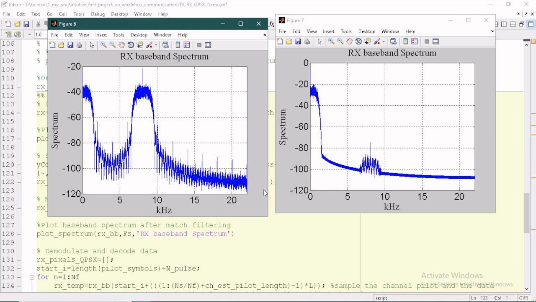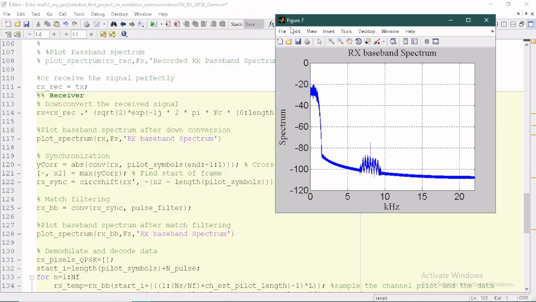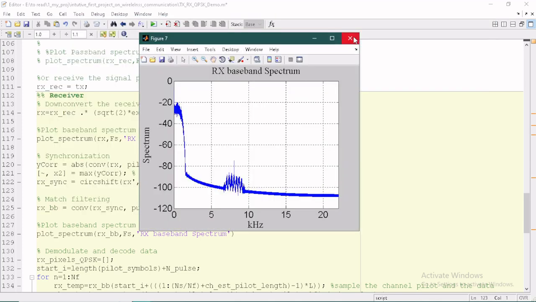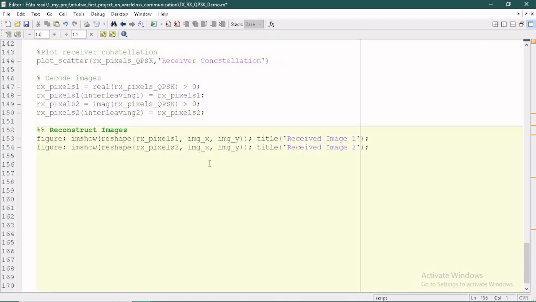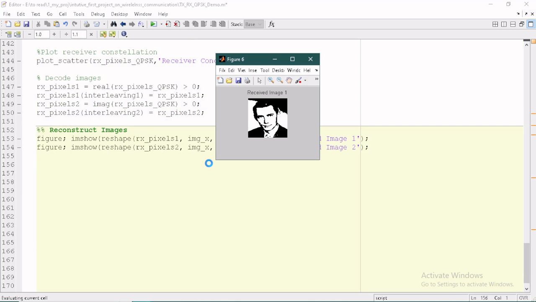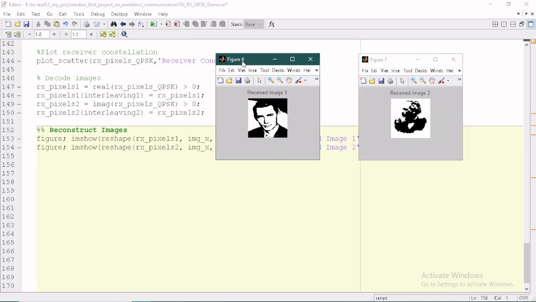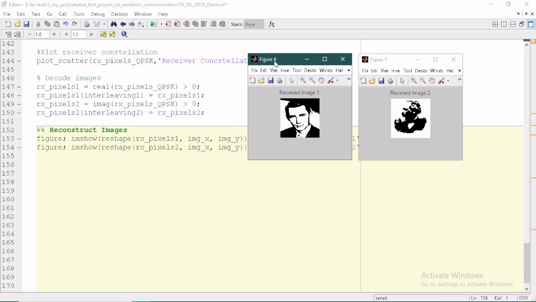So we will have an alias image of it at this range. We mentioned it in the tutorial. Here it's after the match filtering, and let's run the last part to see the received image. So this is the received image, and we received it perfectly because we had the data perfectly without any noise or anything.